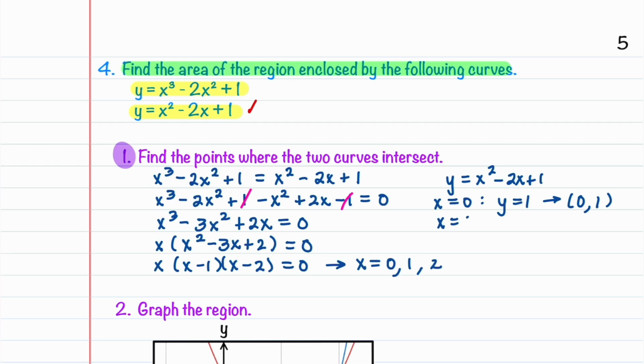When x is equal to 1, we have 1 plus 1 minus 2, so y is equal to 0, and we have the point 1, 0. And then lastly, when x is equal to 2, we have 4 minus 4 plus 1, so y is equal to 1, and this gives us the point 2, 1. Let's go ahead and highlight these because these are our intersection points.